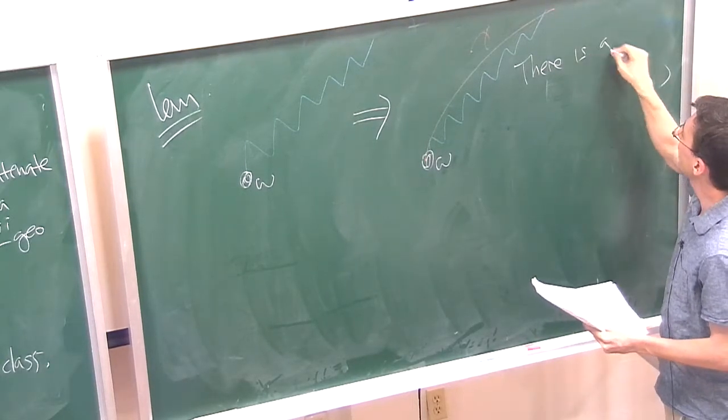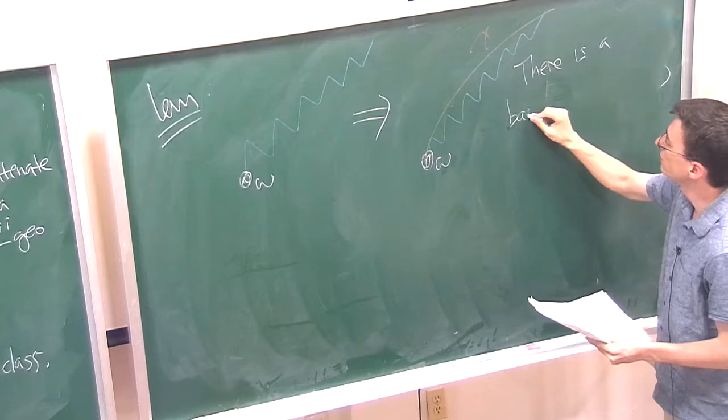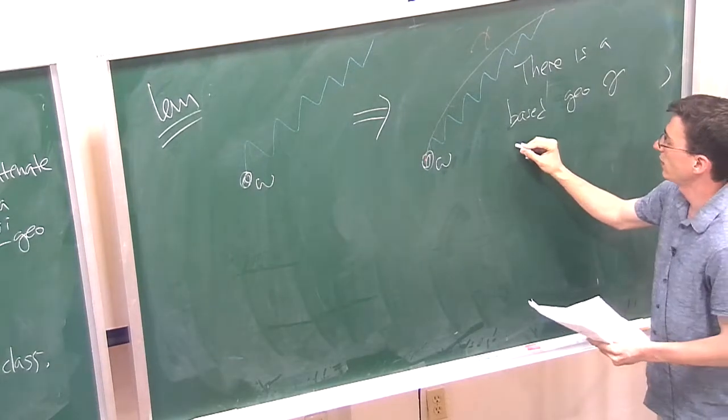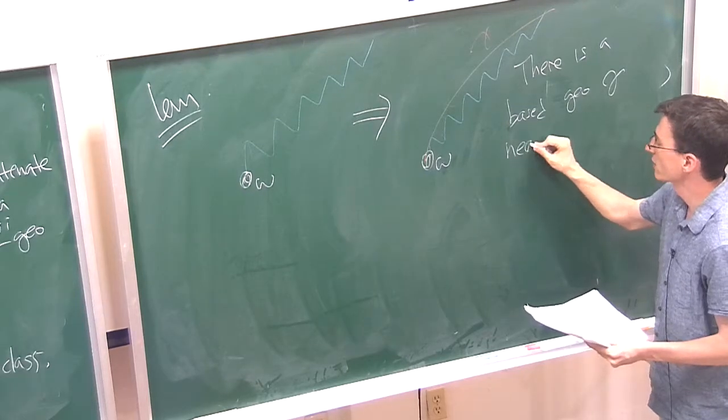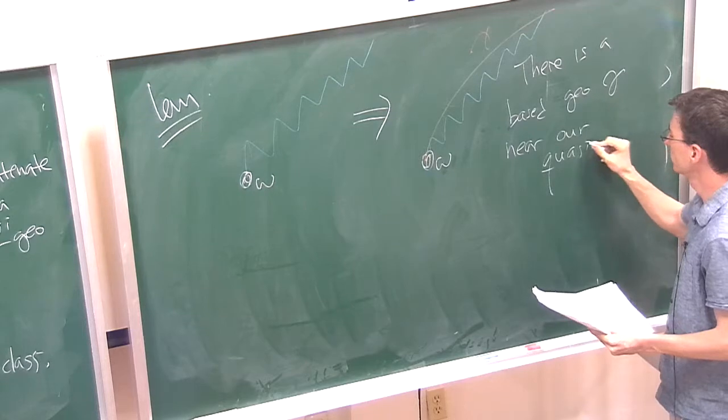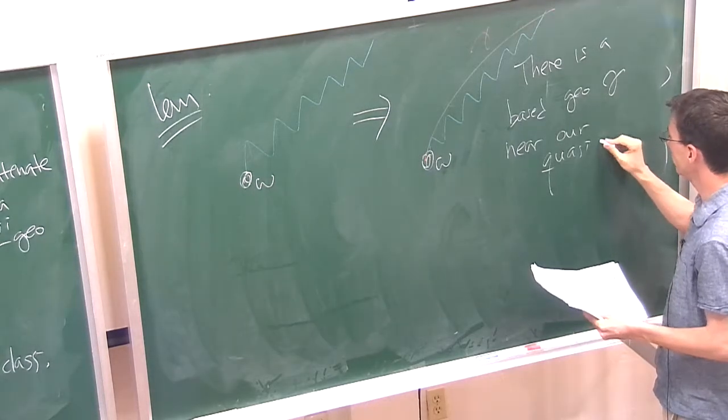There is a base geodesic gamma near our quasi ray.